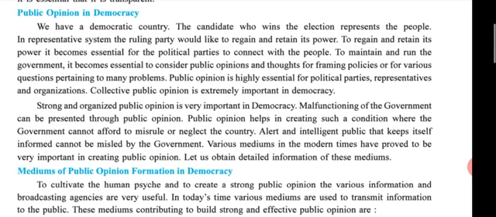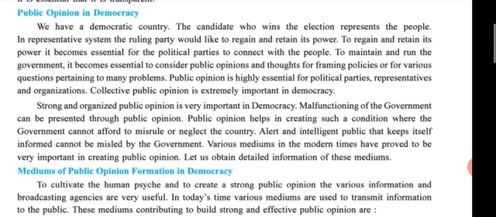So public opinion helps in creating such a condition where the government cannot afford to misrule or neglect the country. This is the benefit of a democratic country. This one is the benefit of democracy.